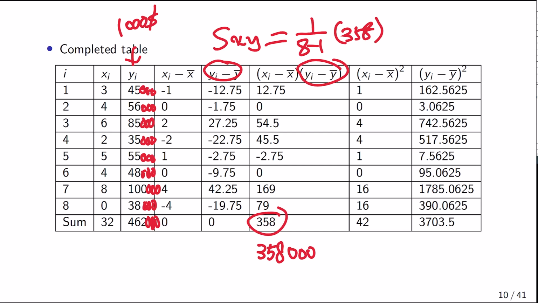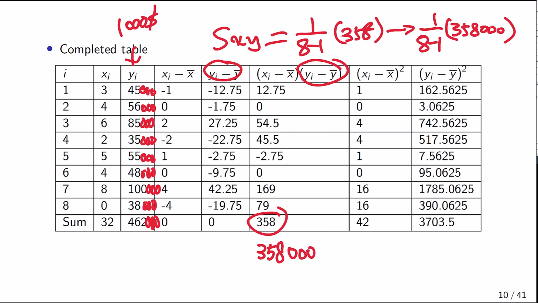We do the same thing here, right? Now it becomes 1 over 8 minus 1 times 358,000. Now you can see with the unit of $1 instead of $1,000, the covariance will become 1,000 times the previous one.